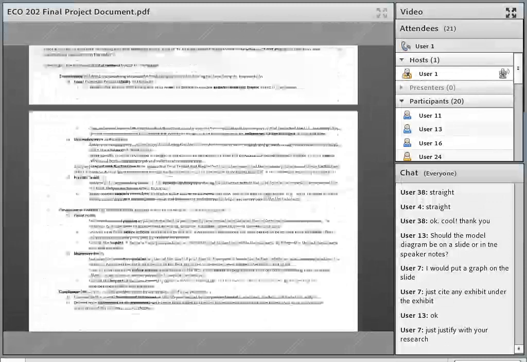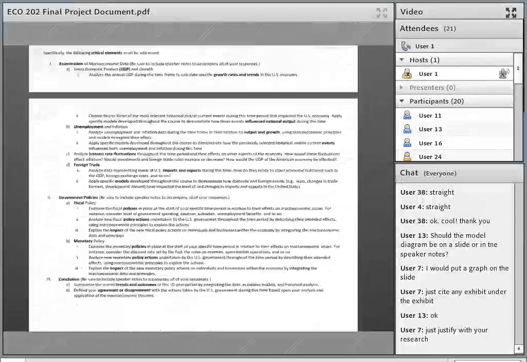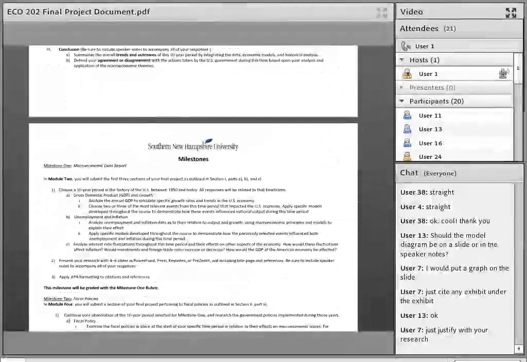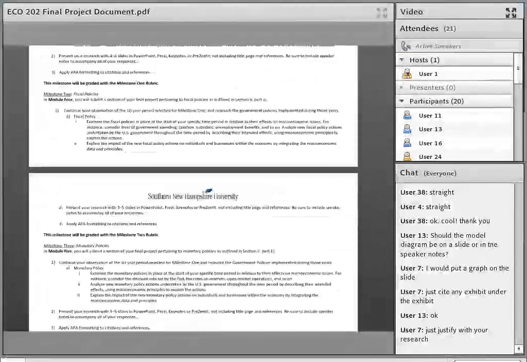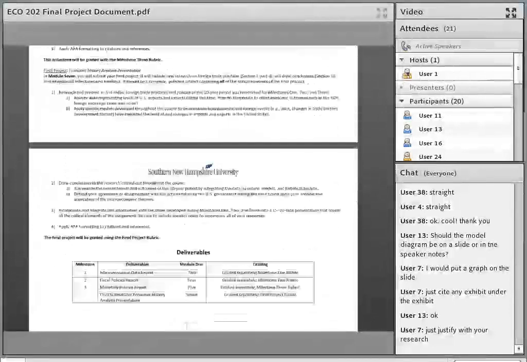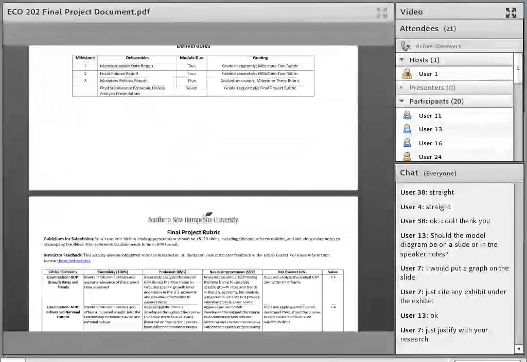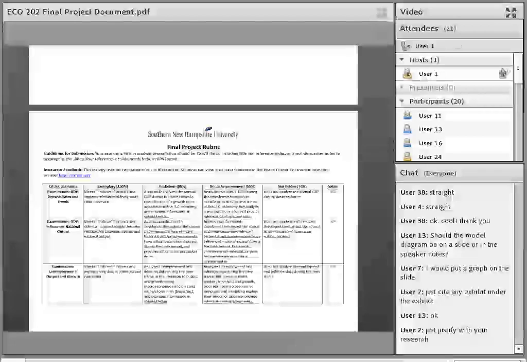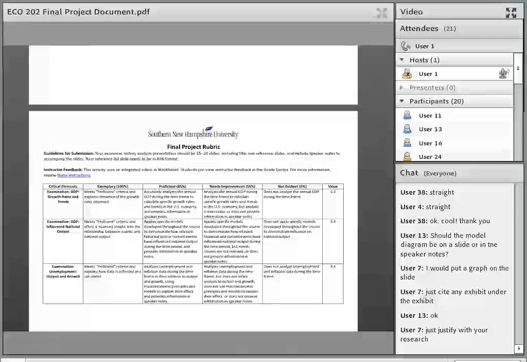Here we are, okay. So we've already looked at this document, and hopefully you all have too on your own. But this is the entire project document that describes what you're doing, has your full outline, which is here, has the milestone breakdowns, which we've already done, and then gets into the rubric itself.